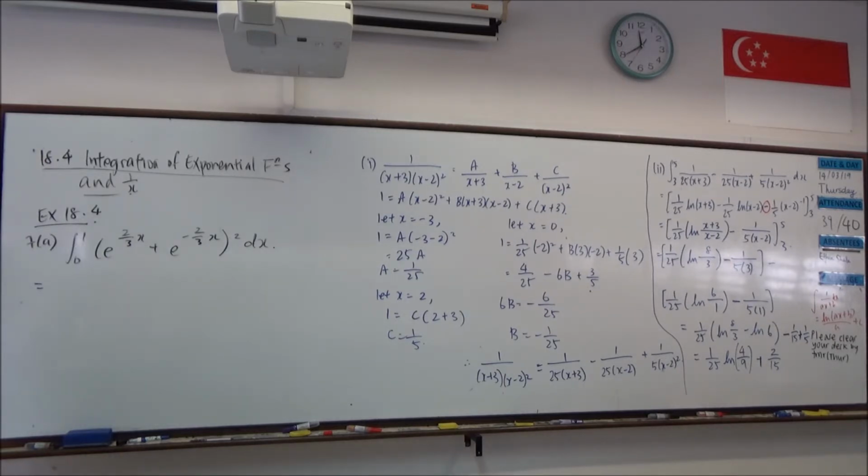Combine the e, can or not? Cannot, right? Because all is plus, so there's no logarithm laws to combine. So what should we do? Expand all, that's the only thing, right?